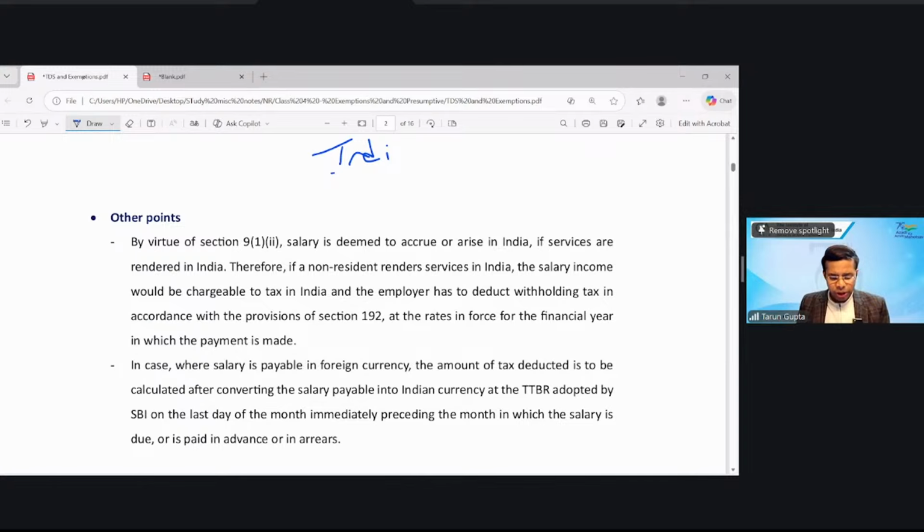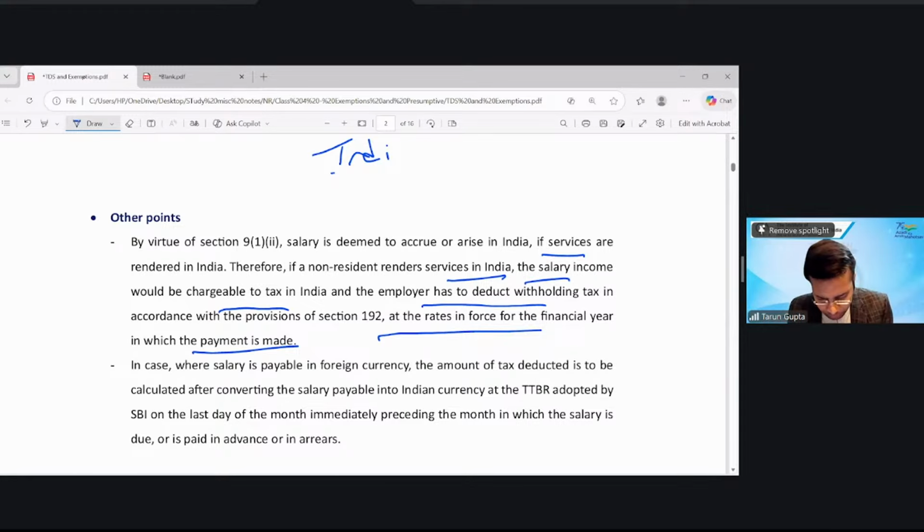See, by virtue of section 9(1)(ii), salary is deemed to accrue or arise in India if services are rendered in India. Therefore, if a non-resident renders service in India, average rate of tax, right? The salary income would be chargeable to tax in India, and the employer has to deduct withholding tax in accordance with the provision of section 192 at the rates in force for the financial year in which payment is made.